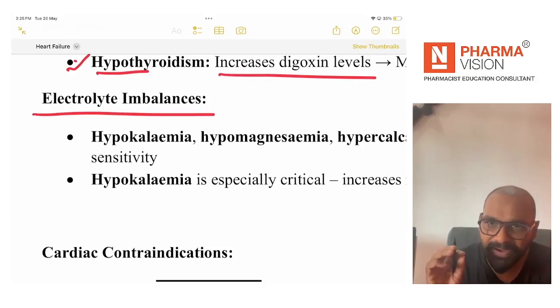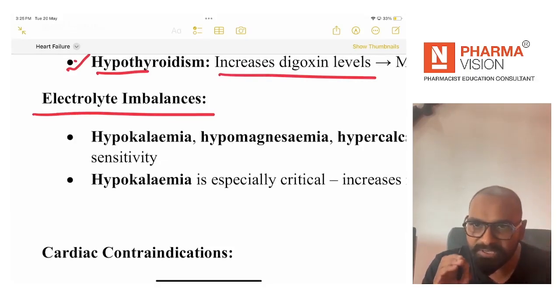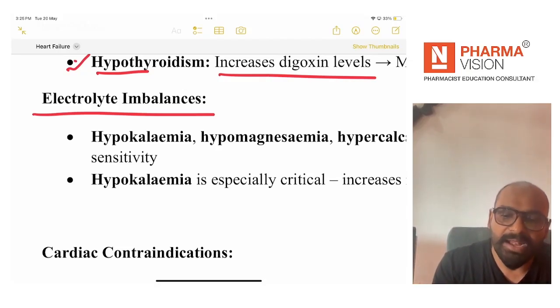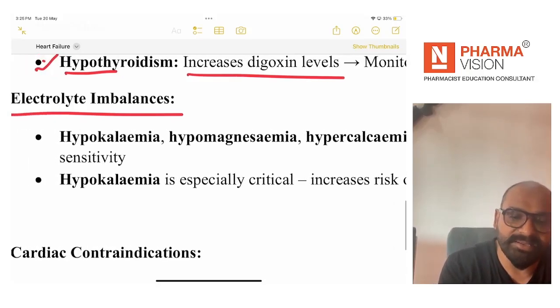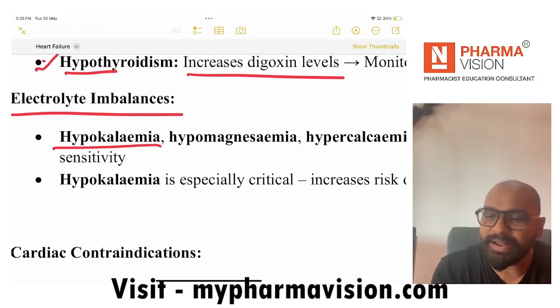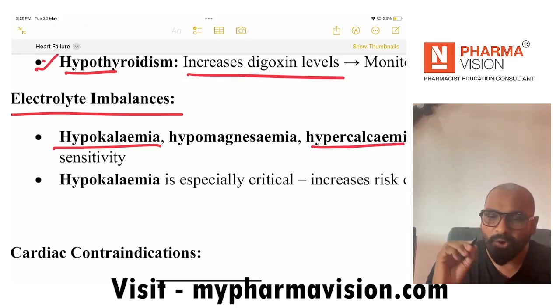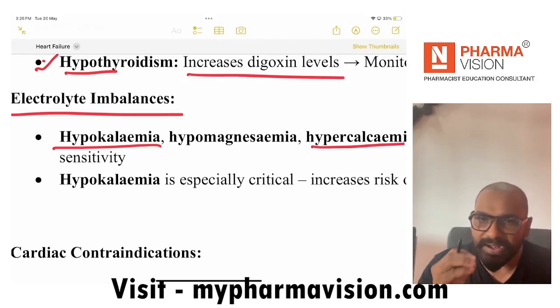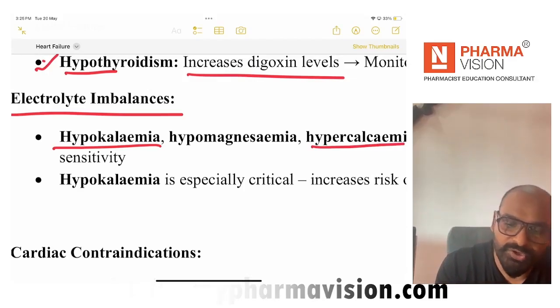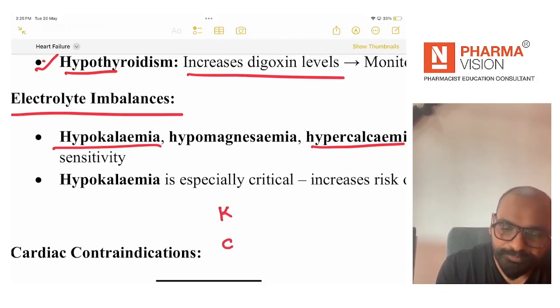Electrolytes: the effect of electrolytes on Digoxin concentration and Digoxin sensitivity. This is a very important part. Mainly you have to remember these things: hypokalemia and hypercalcemia. In simple layman's understanding, potassium and calcium.